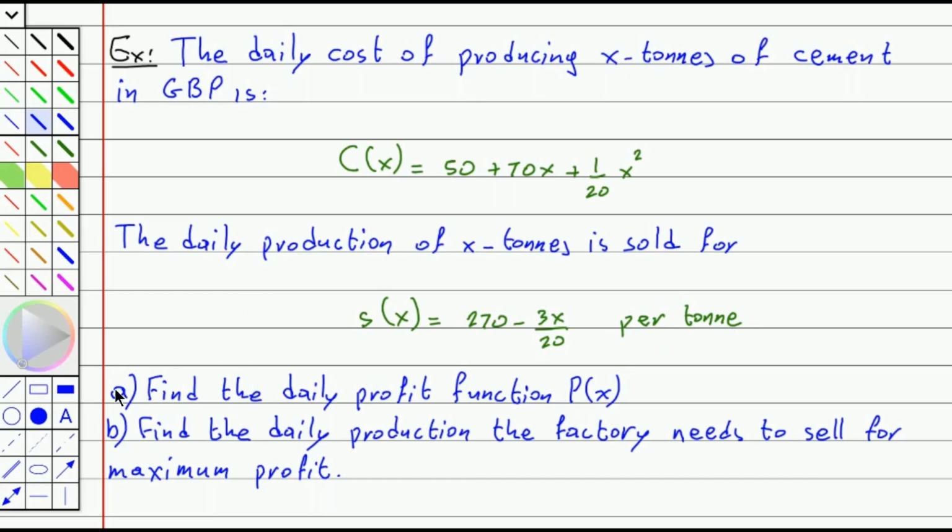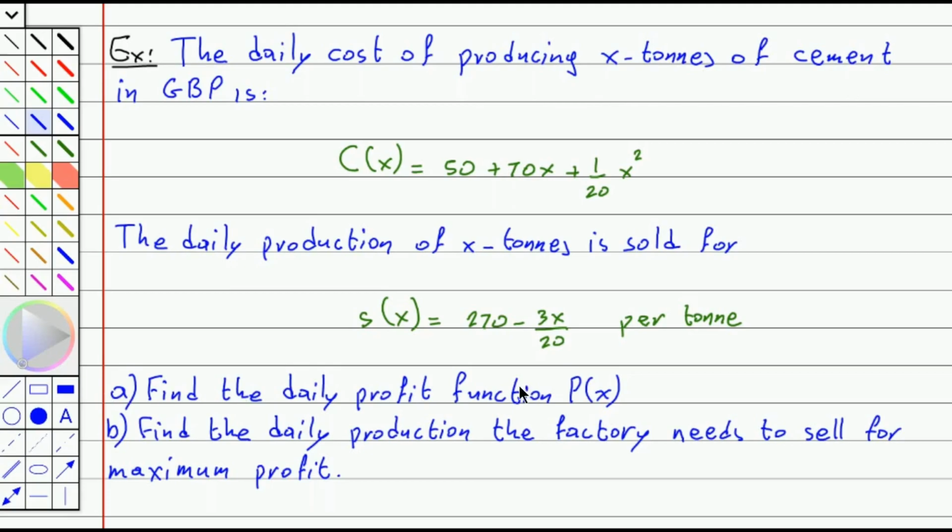The problem asks first to find the daily profit function P of x, and B, find the daily production that the factory needs to sell for having maximum profit. So obviously we need to find the quantity x for which the profit becomes maximum, and so the production will be calibrated towards that particular quantity and not more tons, because we will have diminishing returns.